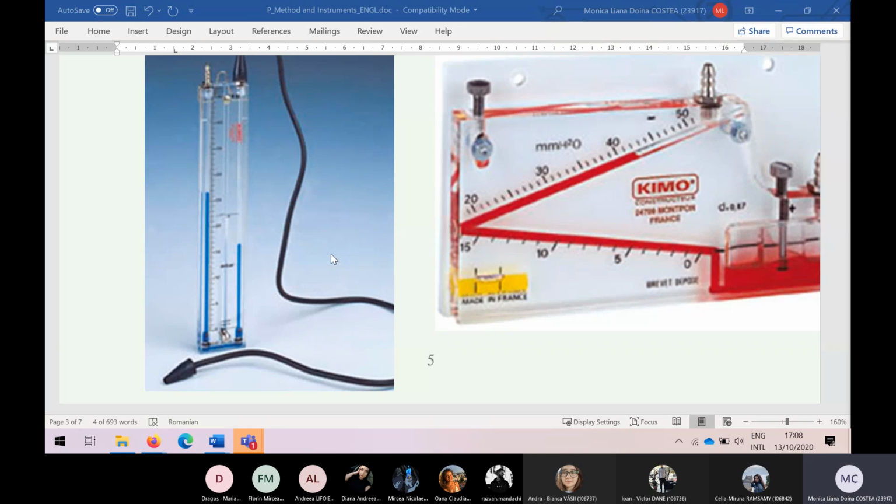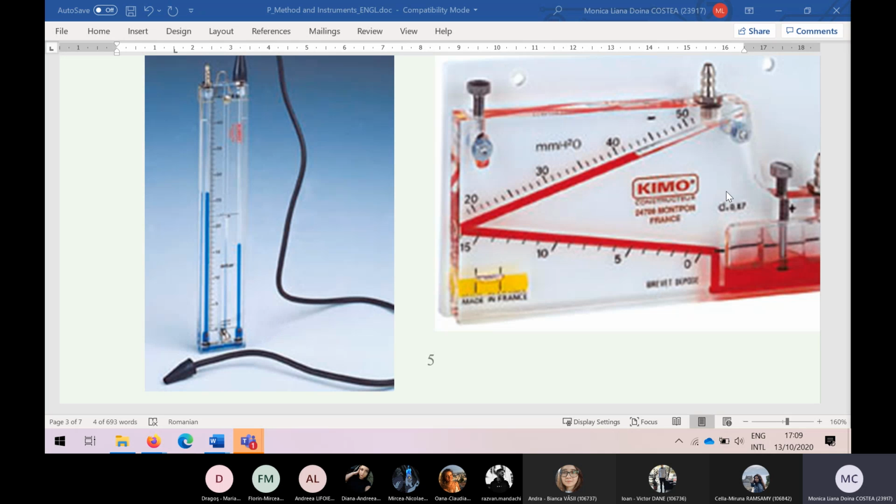Yes, manometer. Why? Because the sample comes here and acts on the right branch, and it determines the deformation against the pressure that acts here, which is the atmospheric pressure. So it means that on the right branch we have a higher pressure than here, which obviously is the atmospheric pressure, and it means that it works as a manometer.